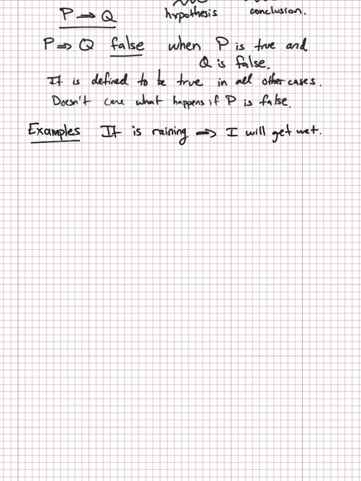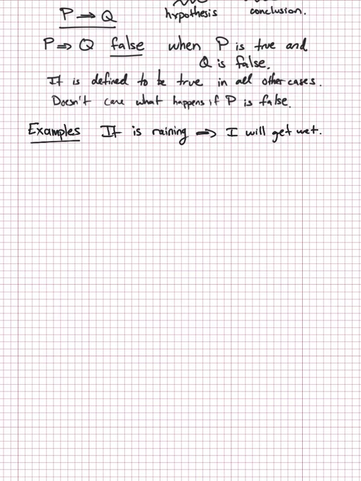Notice whether it's true or false probably depends on whether I'm inside or outside, and also depends on whether it is raining or not. So if it's a sunny day and you're saying it's raining so I'll get wet, then that is true, except it's a sunny day. So it doesn't tell you too much.